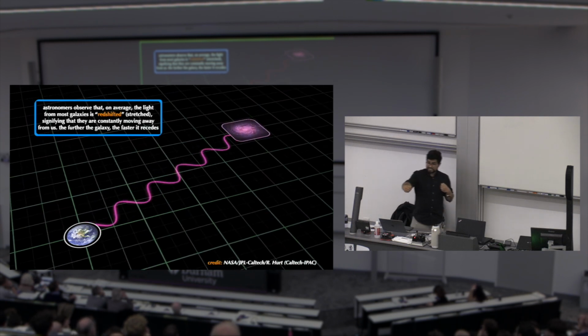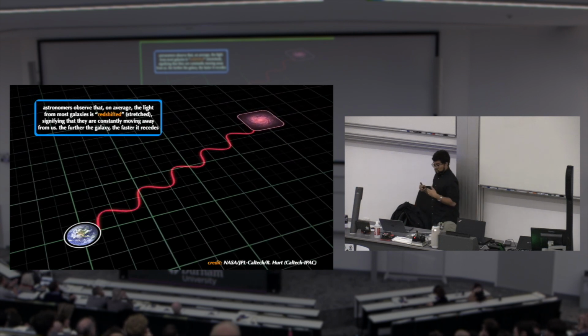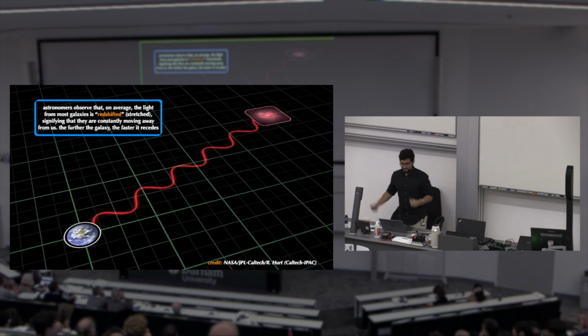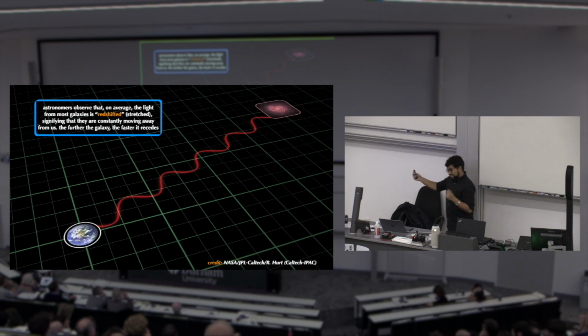And the further the galaxy moves, the faster it appears to recede. And this is what we have observed happening to most galaxies on average. The relationship between the velocity and the distance that this galaxy is at is basically given by a particular number called Hubble's constant, which tells us about how fast the universe is expanding.